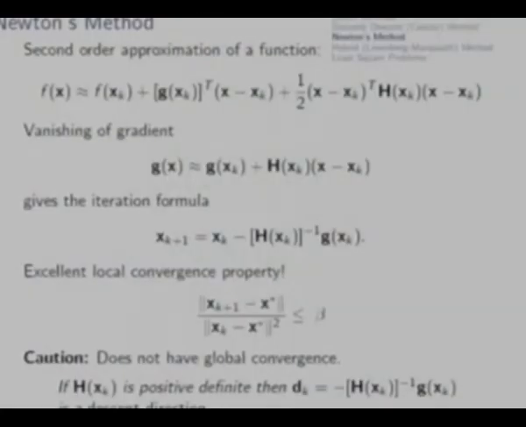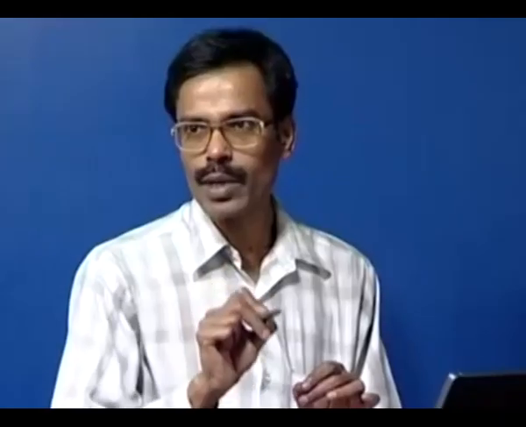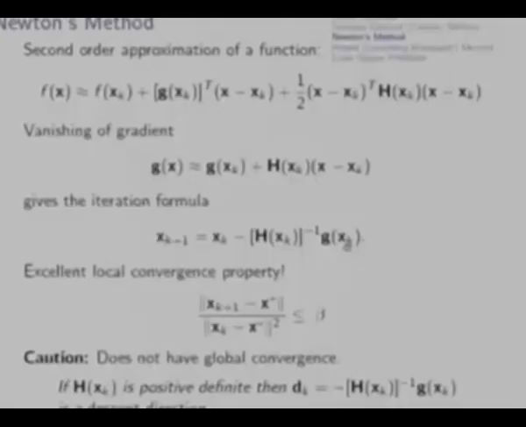One is that if the Hessian is not positive definite, then it may not be a descent step, the function value may increase, and it may not be even a descent direction. If the Hessian matrix is positive definite, then it is guaranteed that the direction will be a descent direction, though nothing can be said about the complete step.